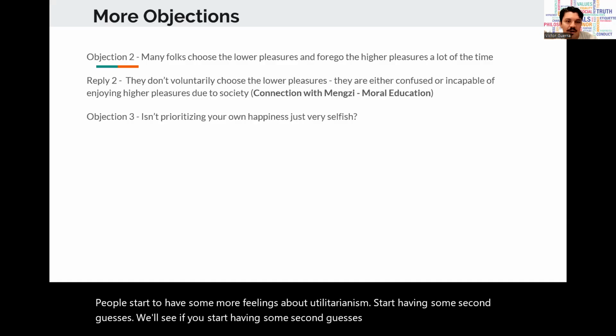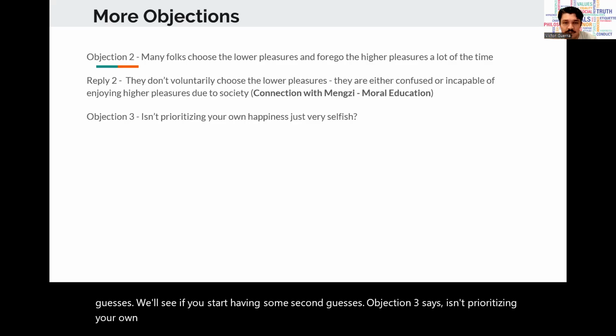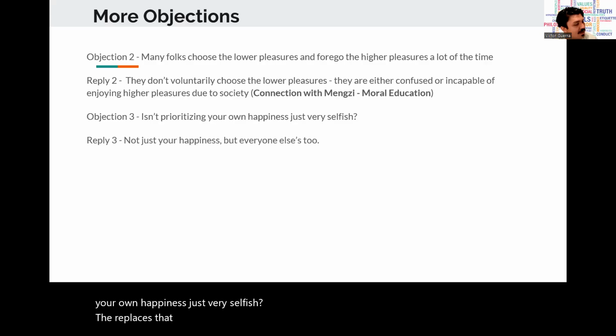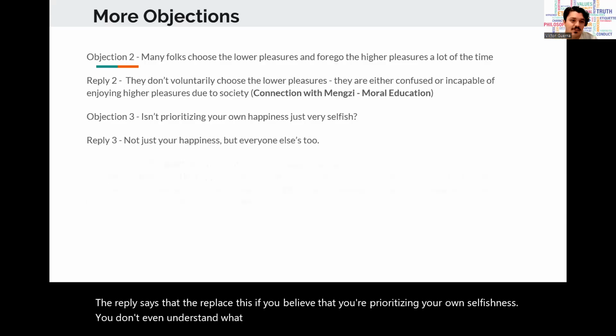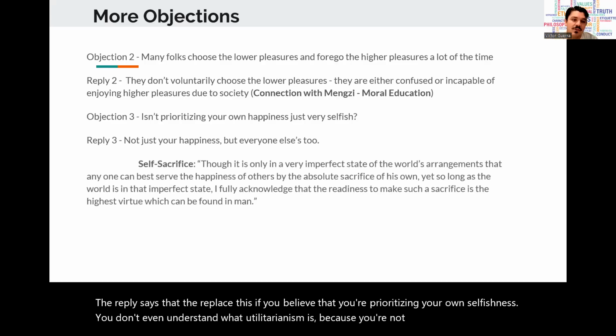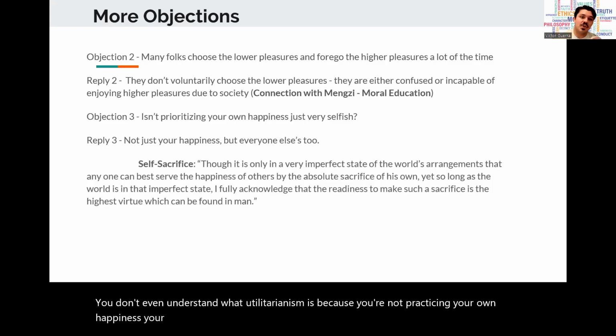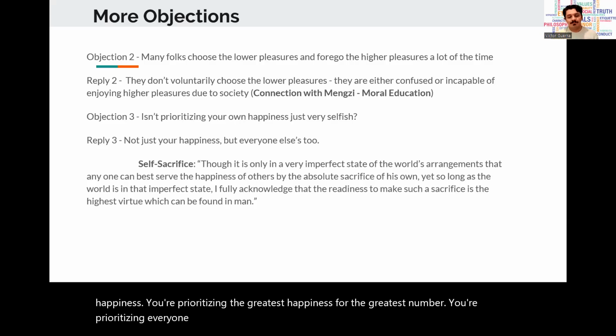Objection 3 says, isn't prioritizing your own happiness just very selfish? The reply is this. If you believe that you're prioritizing your own selfishness, you don't even understand what utilitarianism is, because you're not prioritizing your own happiness, you're prioritizing the greatest happiness for the greatest number. You're prioritizing everyone's happiness.